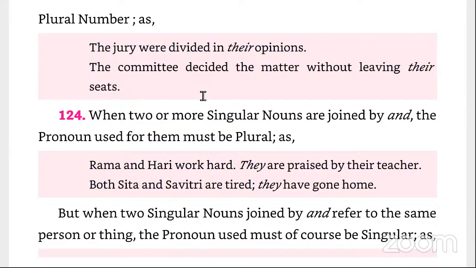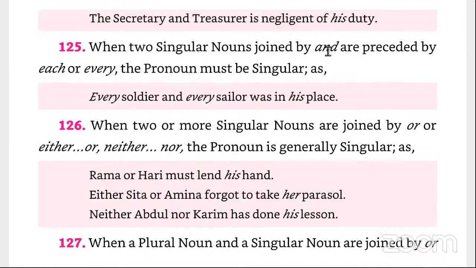But when two nouns are connected by and, but they refer to one individual, one person, then you have to talk about singular. Let's see. The secretary and treasurer is negligent in his duty. I'm not saying the secretary and the treasurer. No, I'm saying here, the secretary and treasurer.